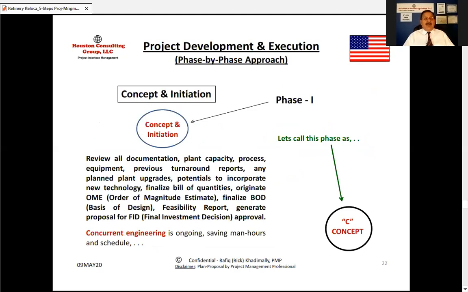Review all documentation, plant capacity, process, equipment, previous turnaround reports, any planned plant upgrades, potentials to incorporate new technology, finalize bill of quantities, originate OEM, which is order of the magnitude estimate, finalize the BOD, which is the basis of design, feasibility report, generate proposal for FID, the final investment decision approval. So concept and initiation stage, the end product is FID, final investment decision.